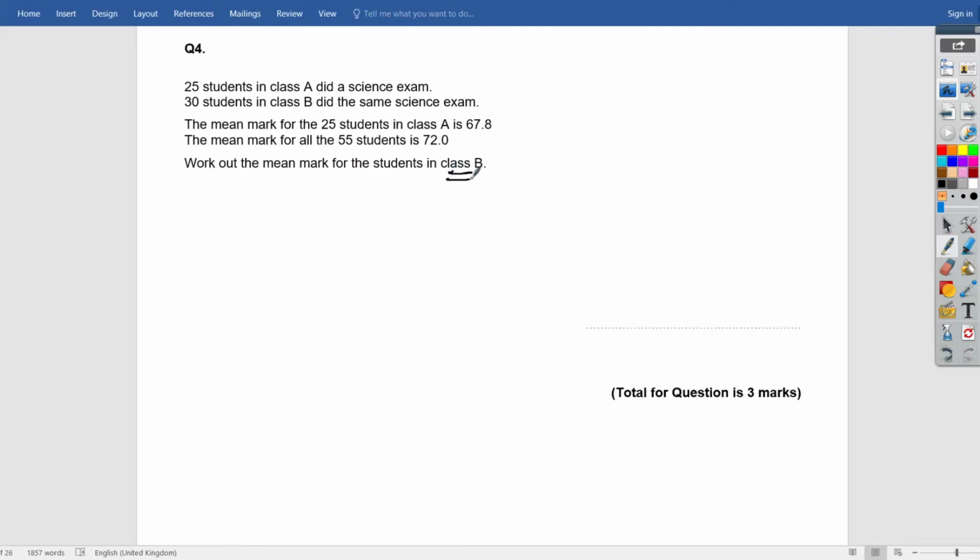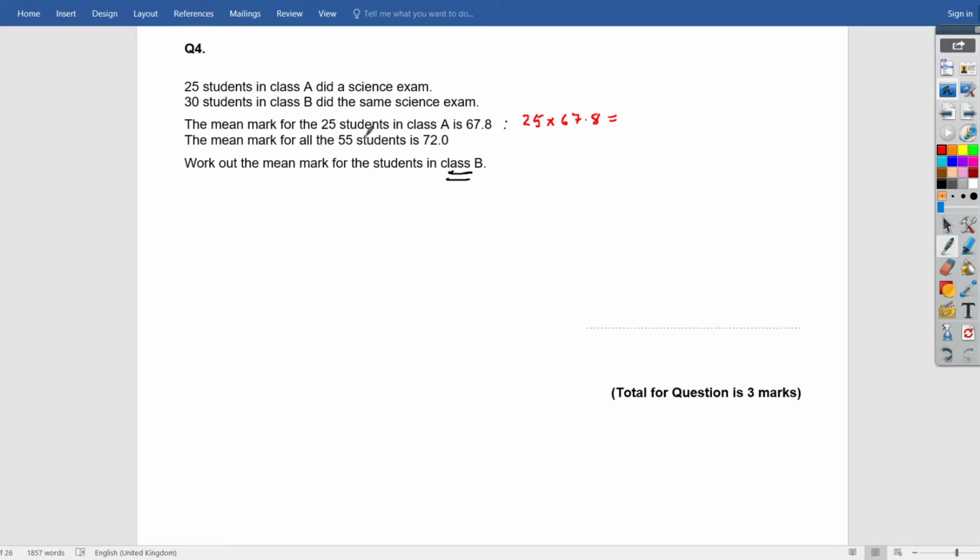Okay, now first of all, let's get the total of all the marks scored by these 25 kids in Class A. So what you need to do here is 25 multiplied by 67.8, which will give you all the marks added together for those 25 kids.